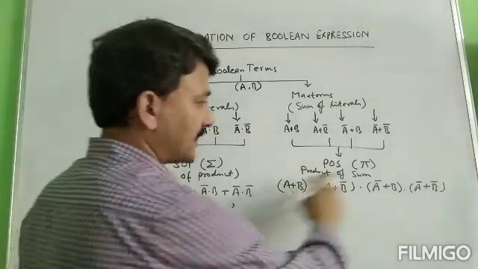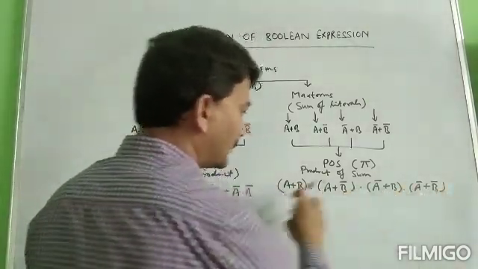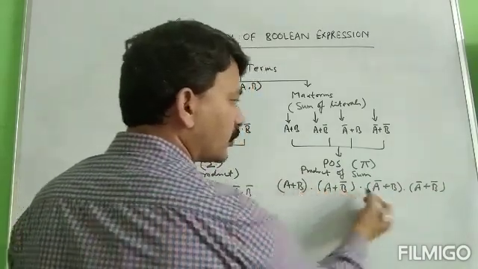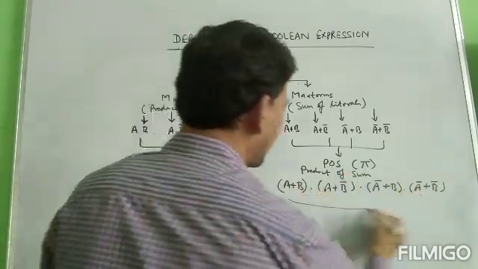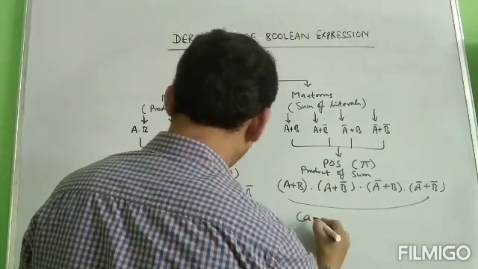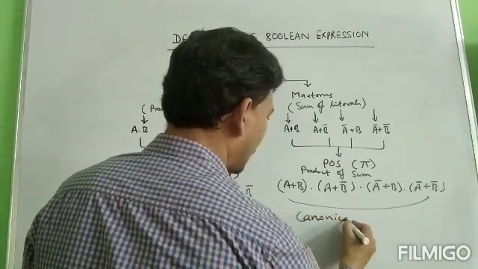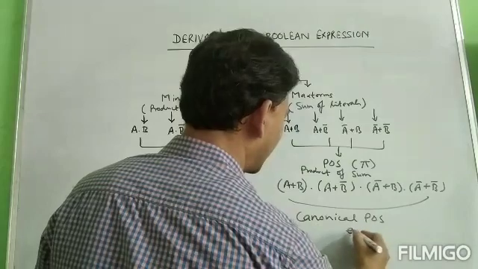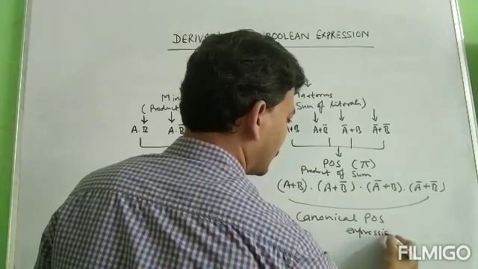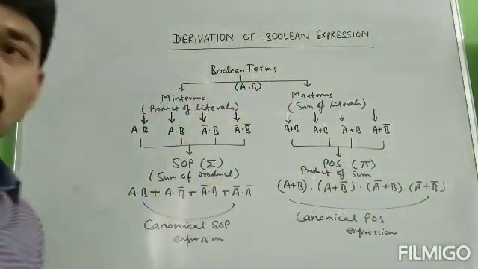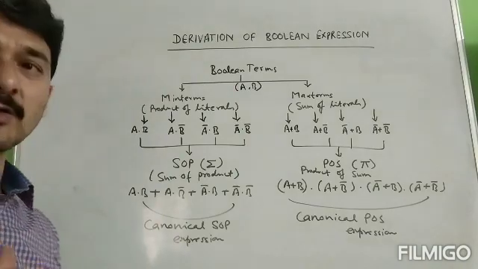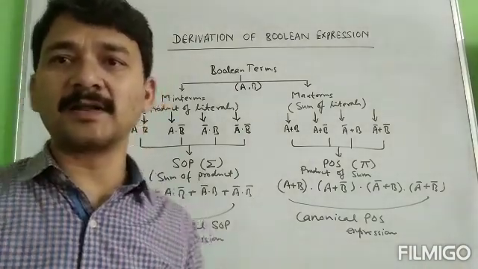Look at this POS: there are 4 terms, and in all 4 terms both variables, A and B, are present. So this expression is considered a canonical POS expression. There is also something called the cardinal form.